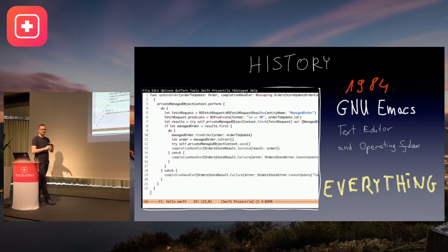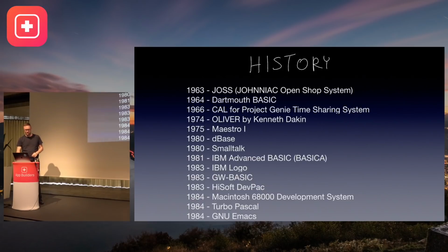If you install the Windows version of Emacs, you will find games there. It's just a text editor, right? But it's so scriptable that you can run everything with Emacs.